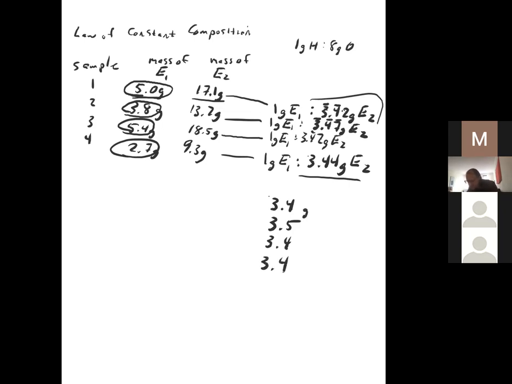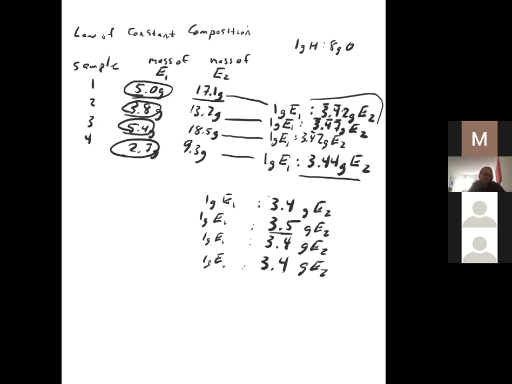So it looks like they're pretty close, right? It's 1 gram of element 1 for every 3.4. This one's a little different. It's a little bit off, but it's pretty close. It looks like they're all about the same.